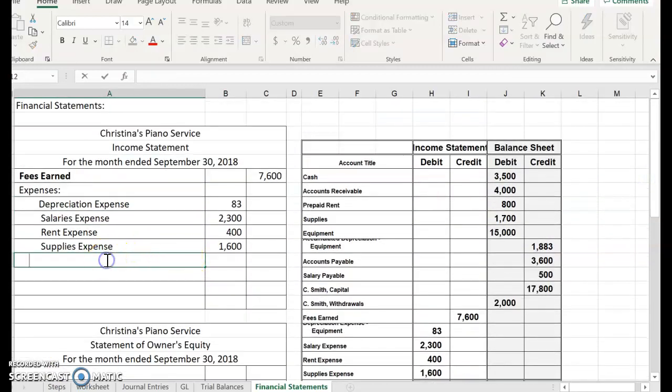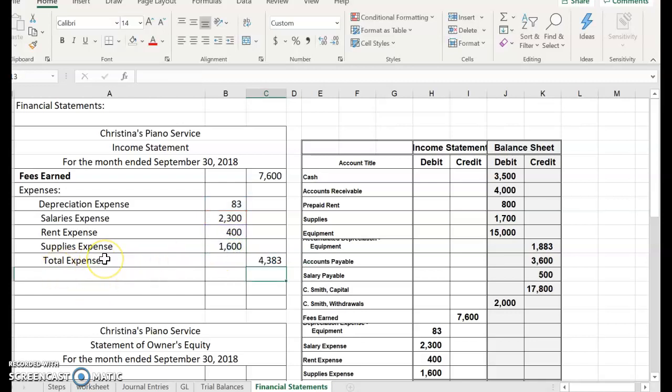So the next thing we need to do is get a total. And it would be 83 plus 2,300 plus 400 plus 1,600.